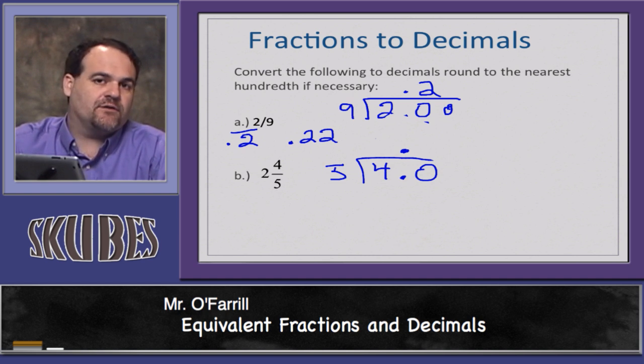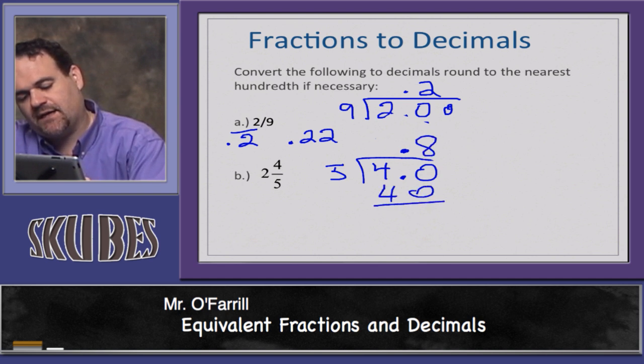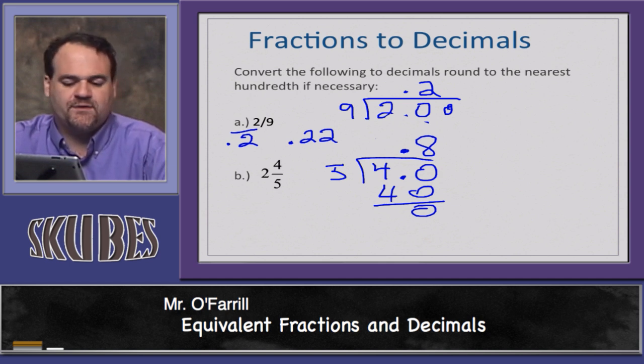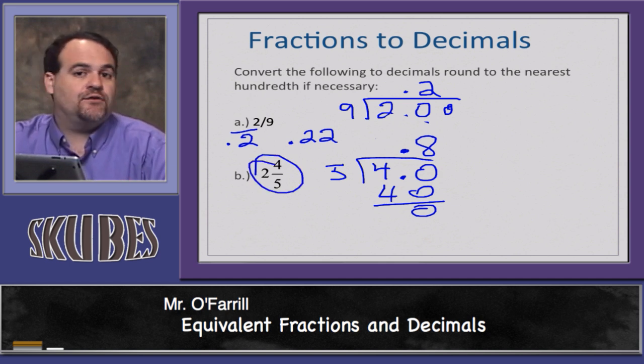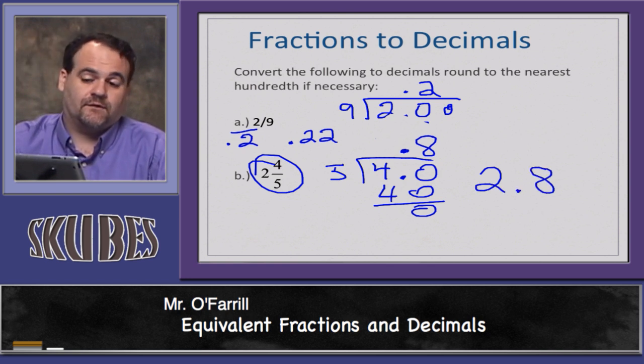And the number 5 goes into 40 8 times. And it goes into it 8 times exactly. So we have a 0.8. So what's the answer? Is it 0.8? No. Remember what we started with. It's 2 point something. 2.8. And that's converting that number into a decimal.